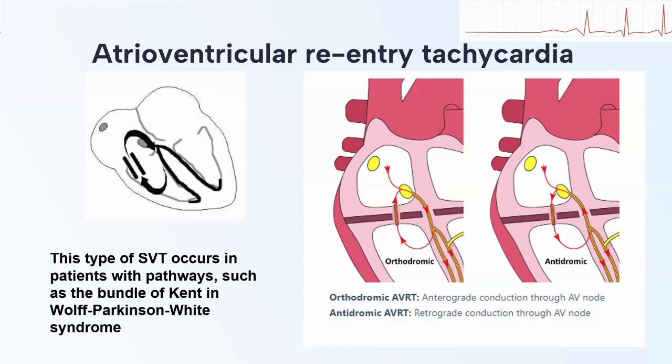And the reason why you don't want to do that is because if you're blocking this AV node, it will give you a preferential pathway through the accessory pathway to the ventricles. And generally, if you do give AV nodal blocking drugs like adenosine to patients who then develop things like atrial fibrillation, they will go into sudden cardiac arrest.